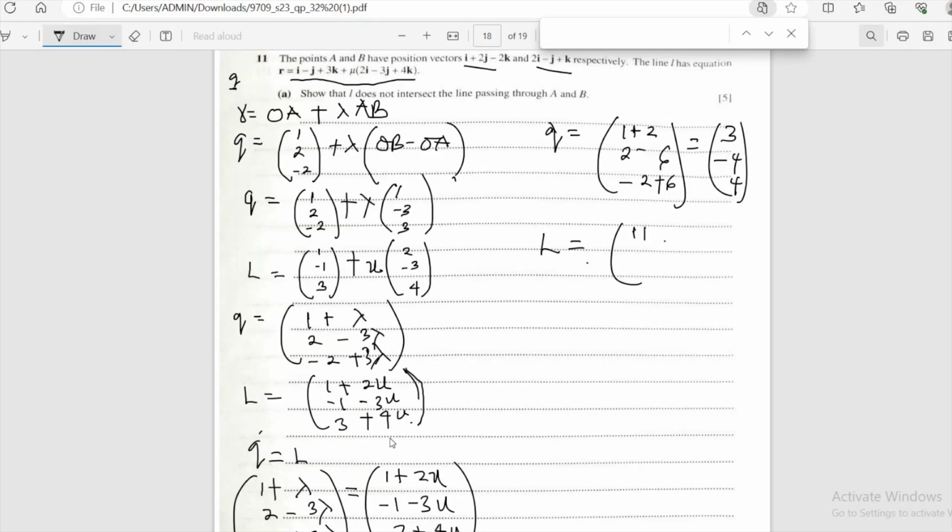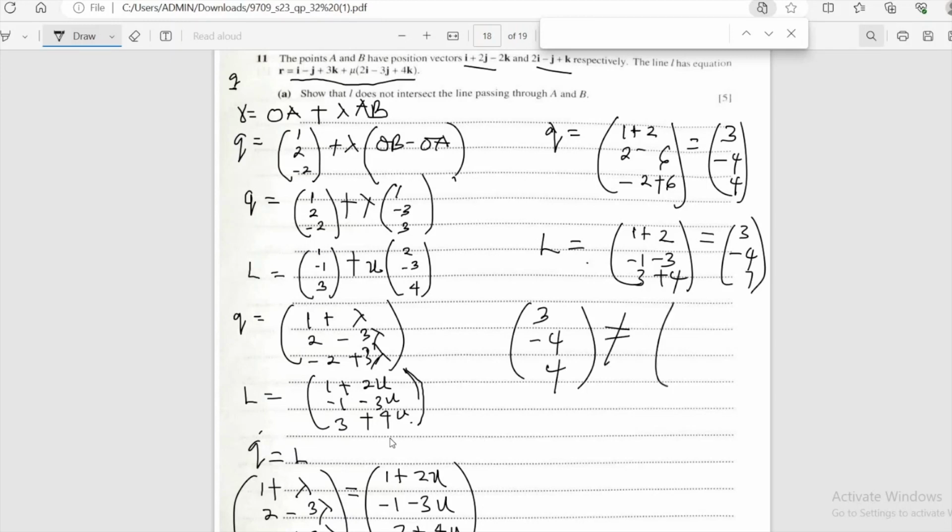That will be 1 plus 2, minus 1 minus 3, 3 plus 4, which gives us 3, minus 4 and 7. Since 3, minus 4, 4 is not the same thing as 3, minus 4 and 7.